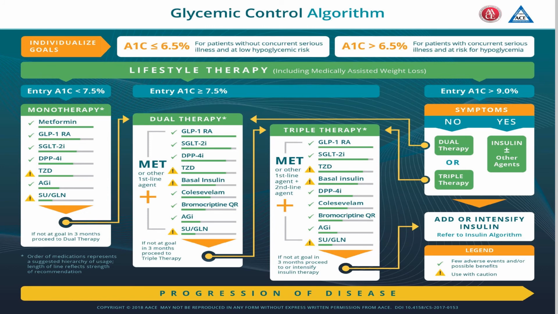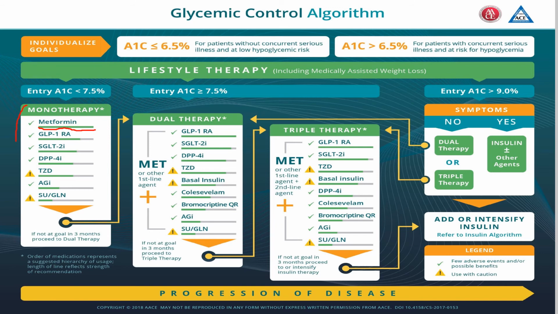So this is again from the American College of Endocrinologists. I kind of liked this way to help you think about glycemic control. So if you start on this side over here, if you're just starting someone on one medication, these little bars here kind of indicate the suggested hierarchy of usage.